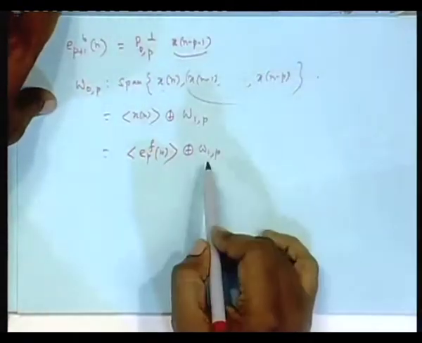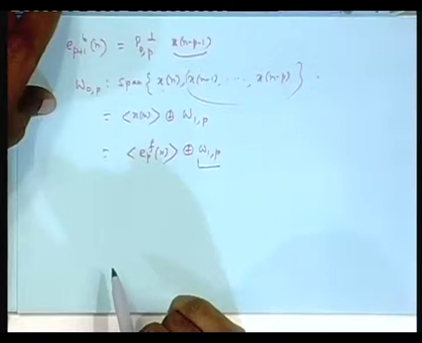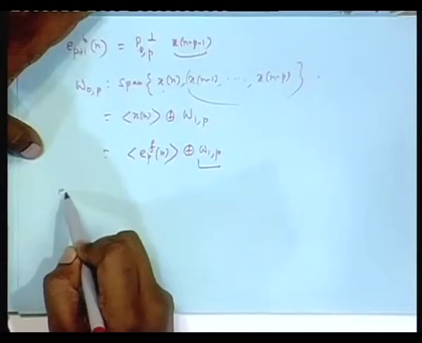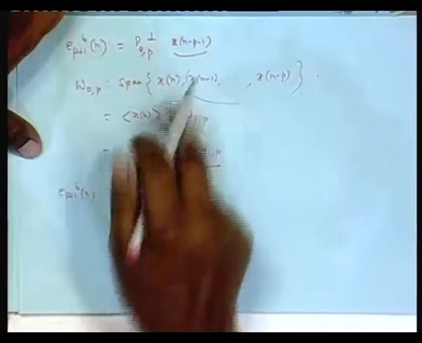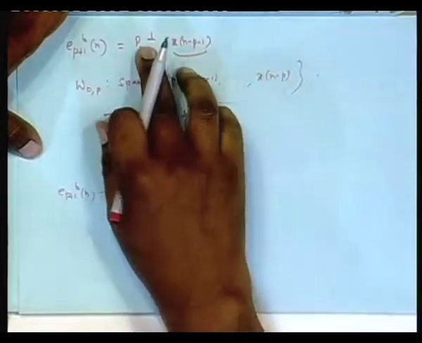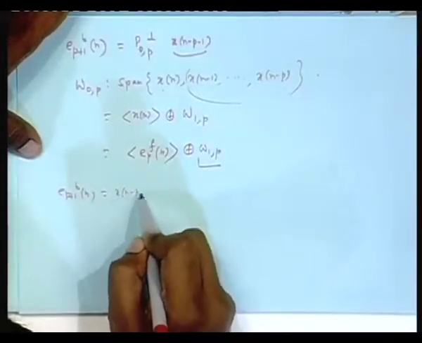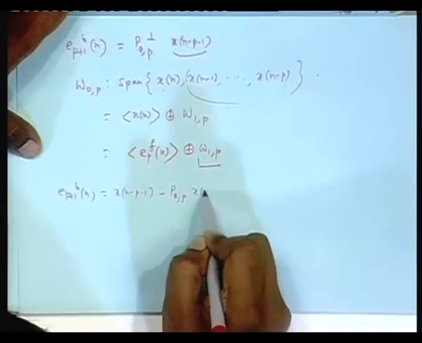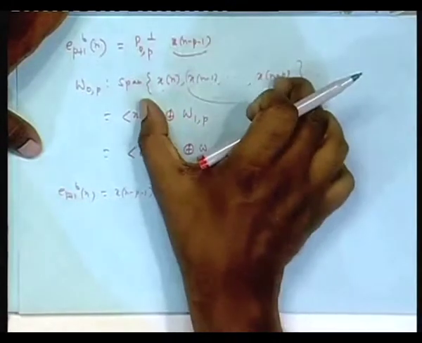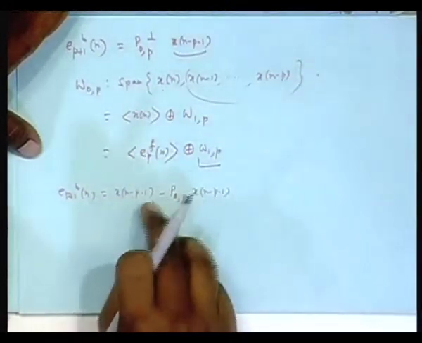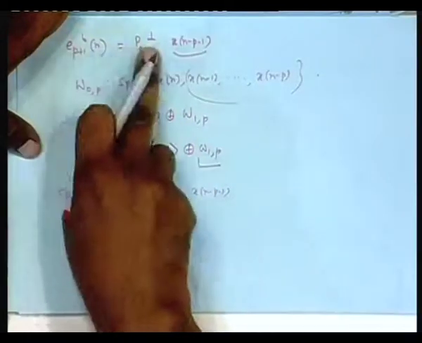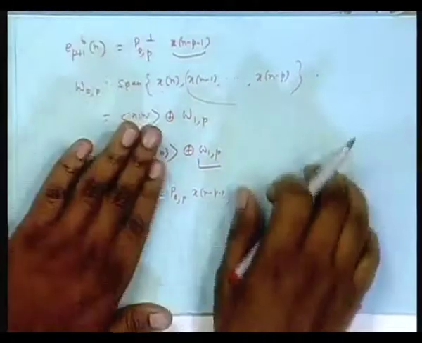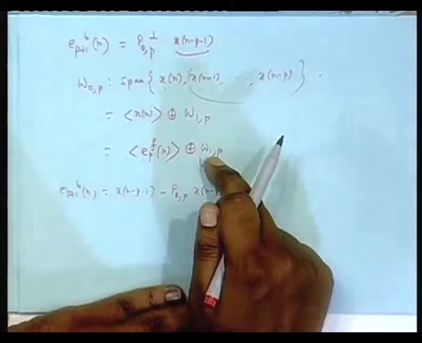So, what I have to do, E p plus 1 B n, I repeat from here, it means this original error, minus the projection, that is projecting this guy on the space spanned by this, the projection subtracted from the original one, that is the error. I am writing, and this projection can be written as what? This much: a projection on this part plus a projection on this part, summation.